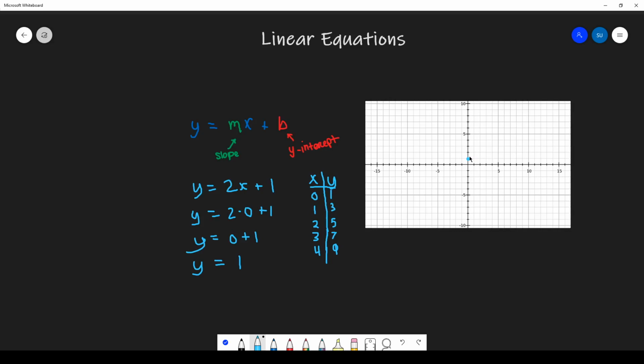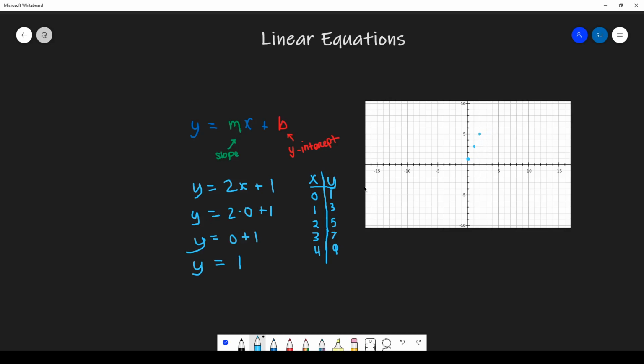So to graph this, we can just plot these points down. So (1, 3), (2, 5). You only need really 2 points to graph a line, because after you do that, you can just plot your straight line and keep it going in this path, right? But we're just gonna plot some more points so you can see what's going on.